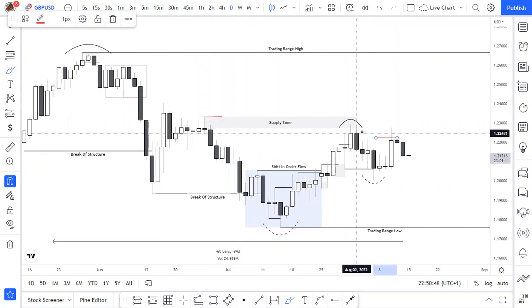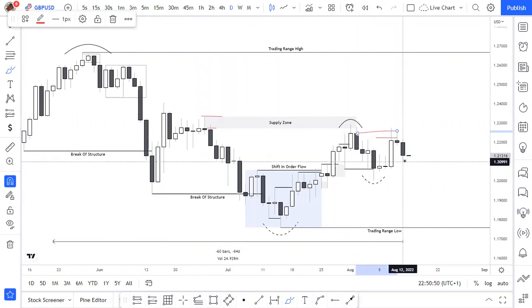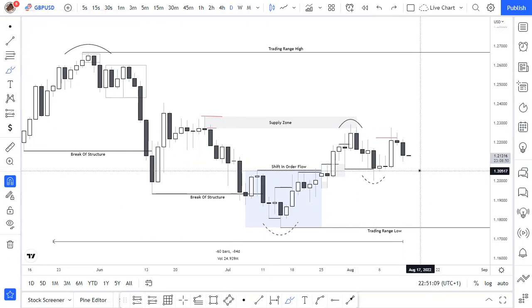It's basically just following what the market is doing. I may have a prediction or outlook on what the market might do, but it's mainly about following what the market is doing and not trying to force your own bias on the market.